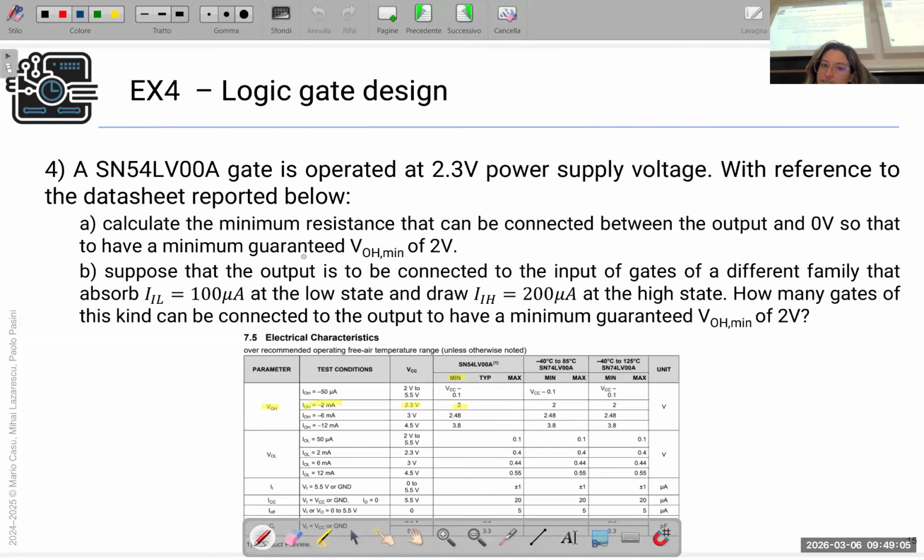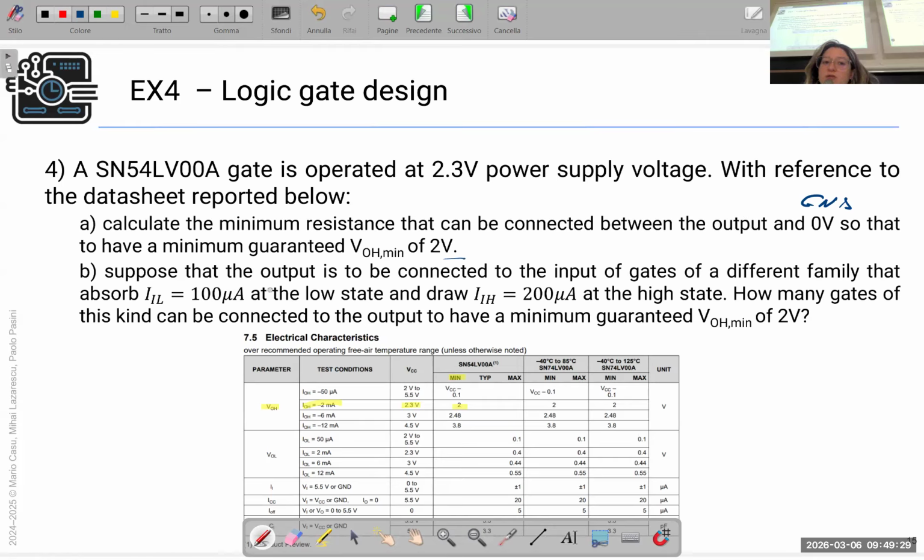We have to calculate the minimum resistance that can be connected to the output of the NAND and 0 volt, so the ground, so as to have a minimum guaranteed output voltage V OH min of 2 volts.